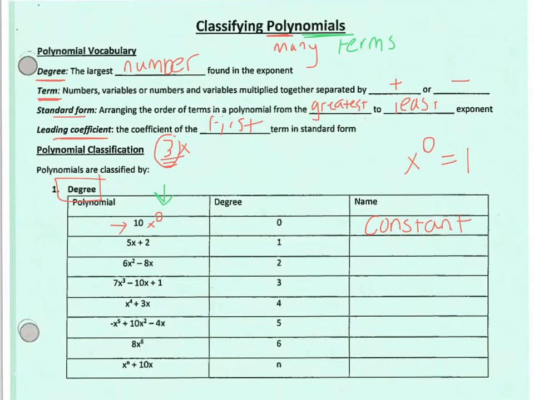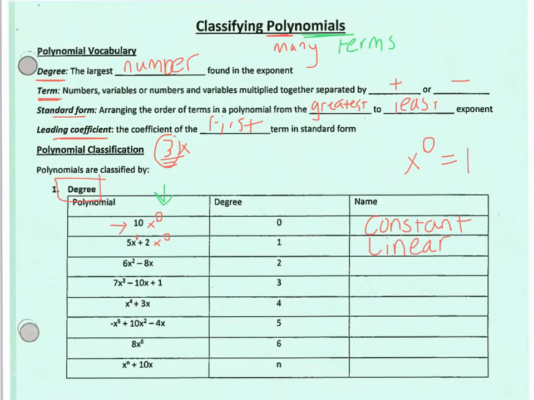The second example, 5x plus 2, again written in standard form because it's going from degree 1, there's an invisible 1 on that x, to degree 0, remember the invisible x to the 0 is there, so it's going in order from greatest to least. And when something has a degree of 1, meaning its highest degree is 1, we call it a linear polynomial.